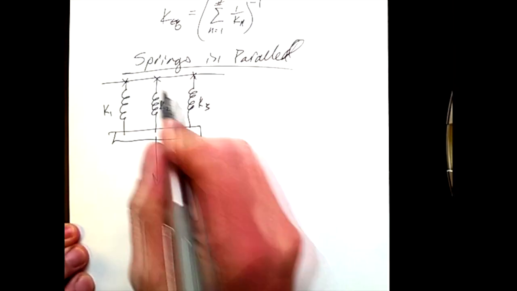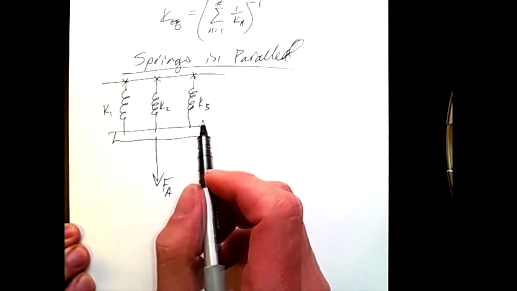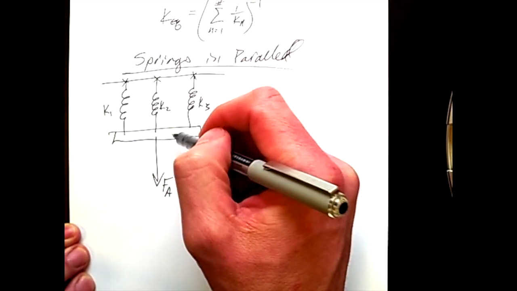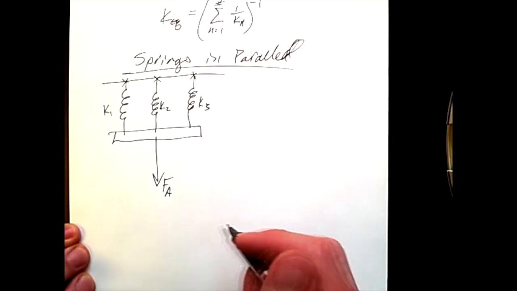So when the springs are in parallel, we have the combination of k1, k2, and k3 springs, all applying an overall F_s that would be the resistance to the displacement as this moves down.